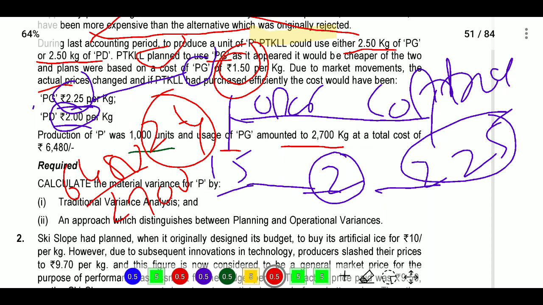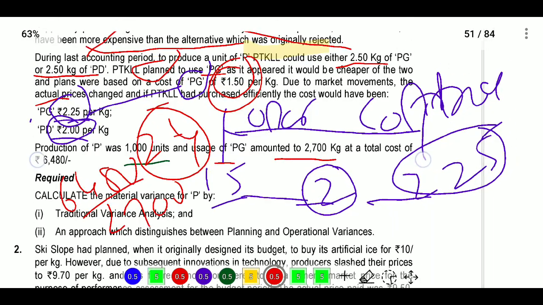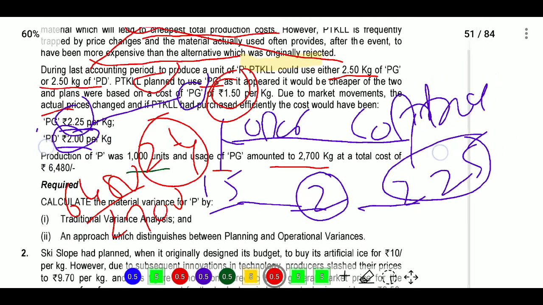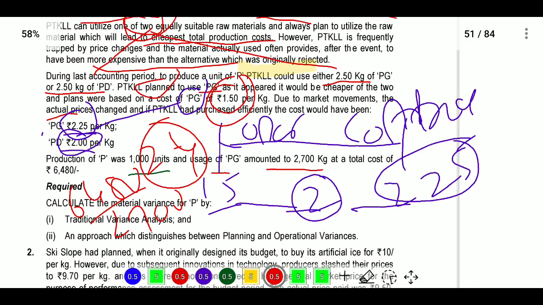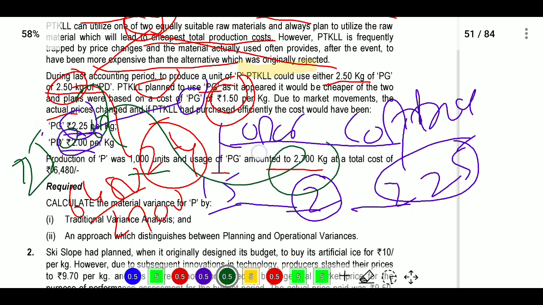And next, what is the usage variance? That is the quantity variance. How much are we budgeted for? We are budgeted for 2.5 kgs into 1000 units, so it will become 2500. It is budgeted 2500, whereas the actual is 2700. So 2500 minus 2700 is 200 negative usage variance.